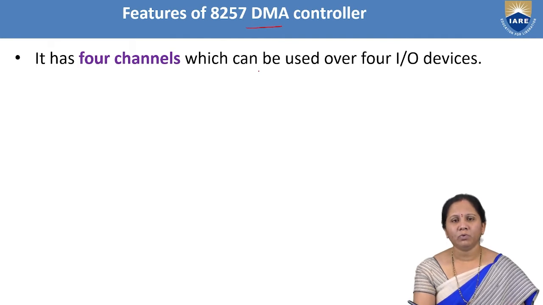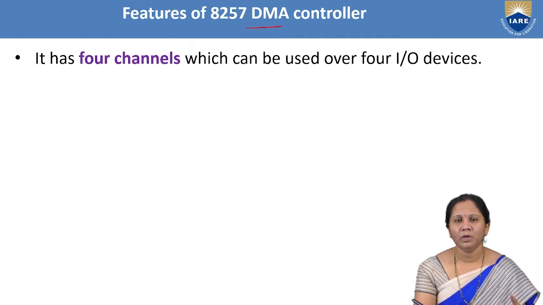Before going to the features of this DMA controller, first we should know what the need for a DMA controller is. In order to have a fast data rate between IO devices and memory, it is necessary to isolate the CPU, that is the microprocessor.